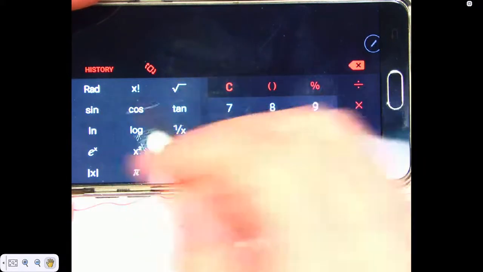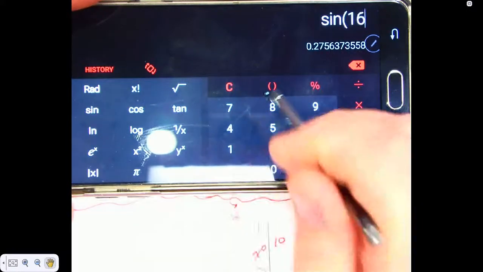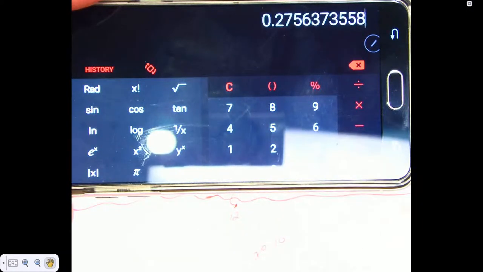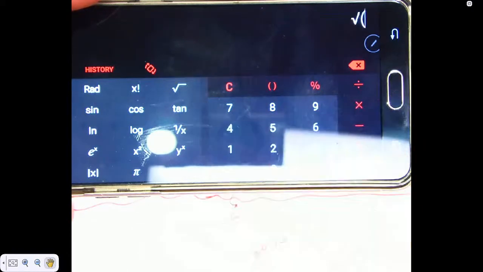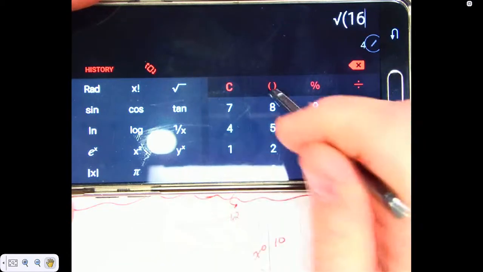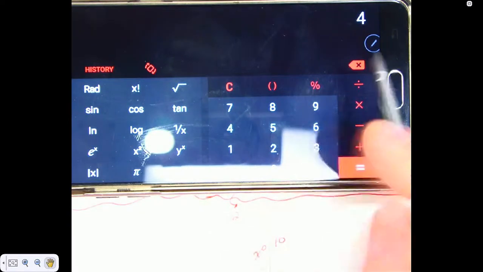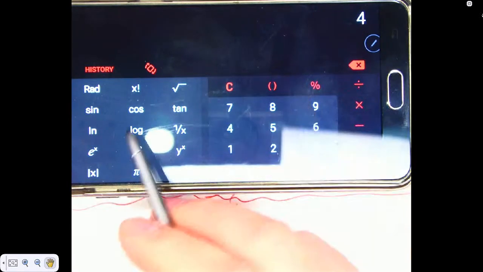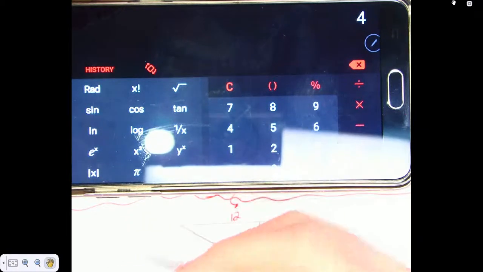So when you find the sine of 16 here, you press sine first, and then you put what number you want to find the sine of, then you close your parentheses. See, we get the same number. Same thing here as far as square root. Square root of 16. See how I put the square root sign in first? So that's the difference between these two. One, you do the function first, one, you do the function second. You need to know what type you have and be able to use both.